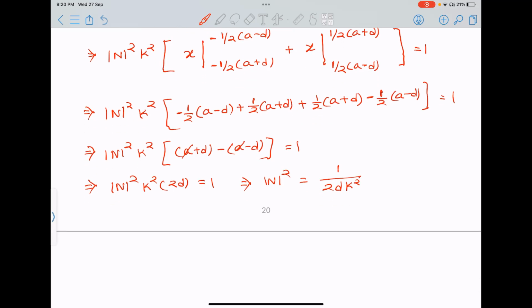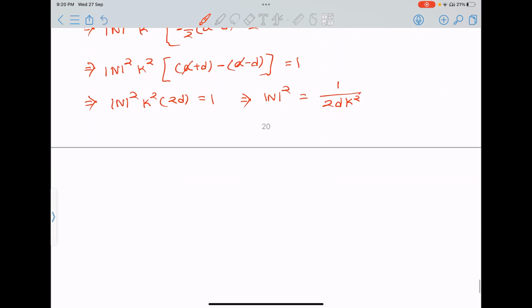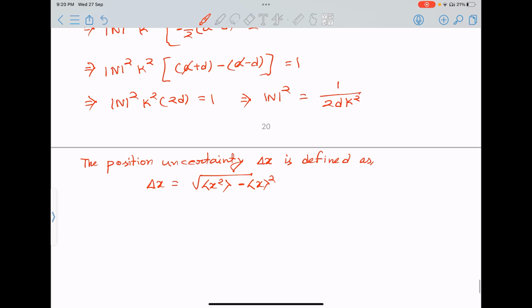In order to find the position uncertainty, position uncertainty delta x is defined as delta x equals to root under expectation value of x square minus expectation value of x whole square. So we need to find two quantities. First one is the expectation value of x square and the second one is expectation value of x.